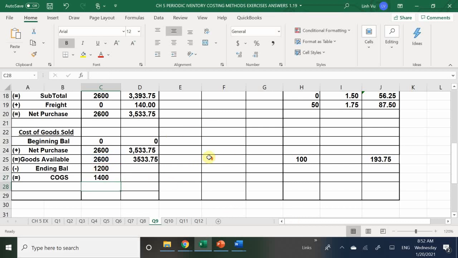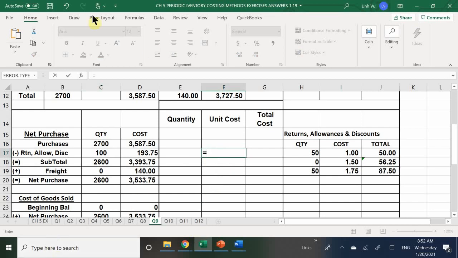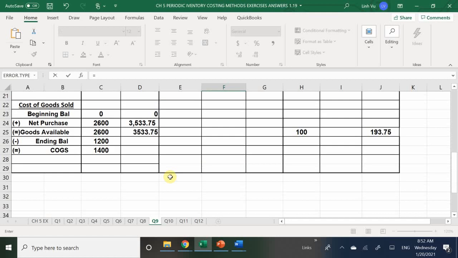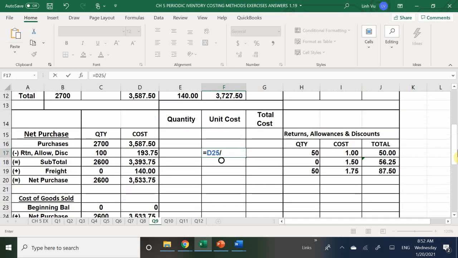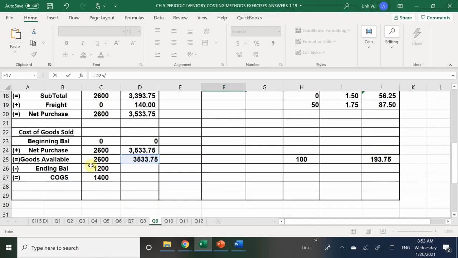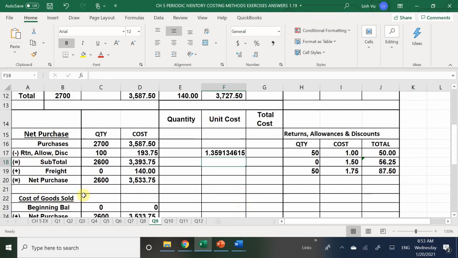1,400. So now I'm going to go up here into my little window, and this one's going to be the easiest section because all we have to do is calculate our average cost per item, which my total cost again is $35.33, and we are dividing the whole thing by 2,600. And what do I get here? 1.3590.46.